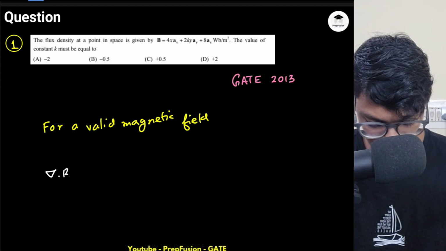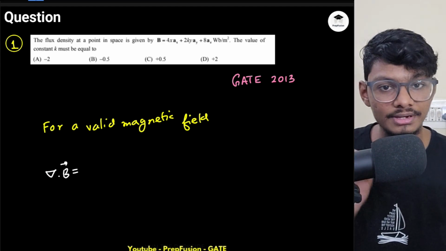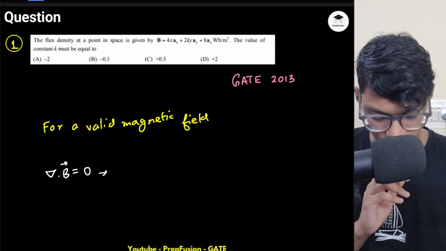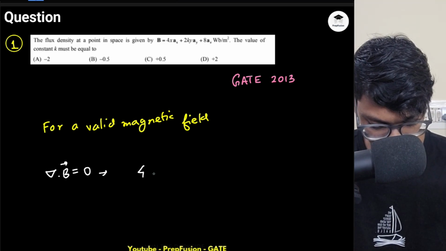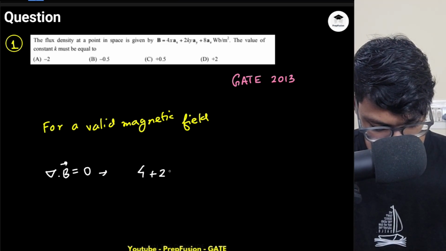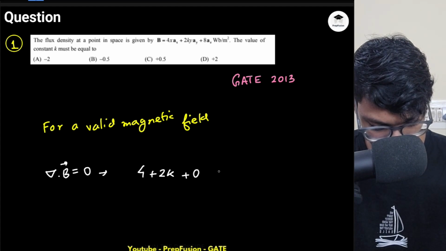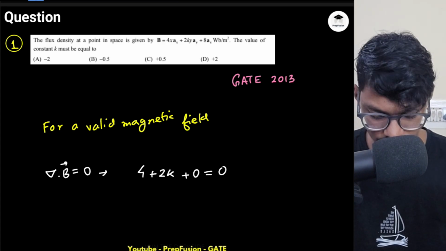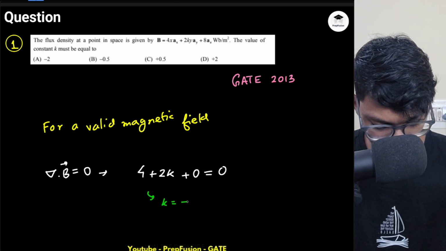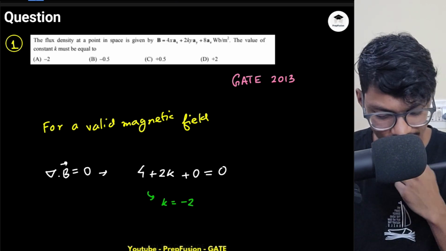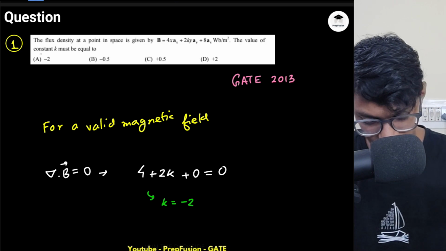Basically, the divergence of that particular field must be 0. So I will find the divergence of the magnetic field. It will be 4 plus 2k plus 0, which must equal 0. So from here we get that k is equal to minus 2, which is option A.